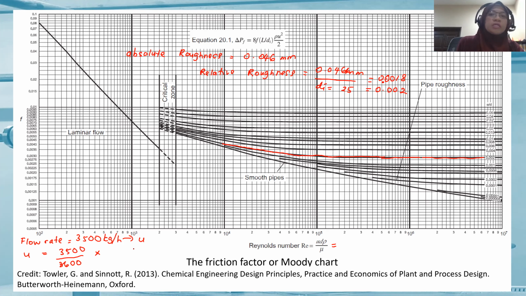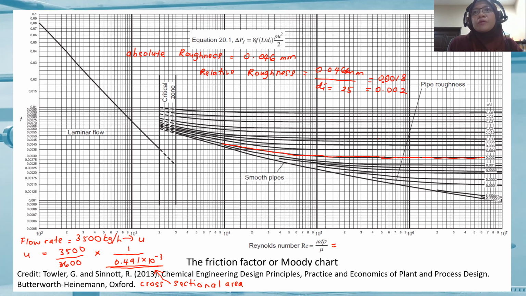You need to calculate the cross-sectional area, I hope you know how to calculate this. As we already know our DI, we can calculate it.